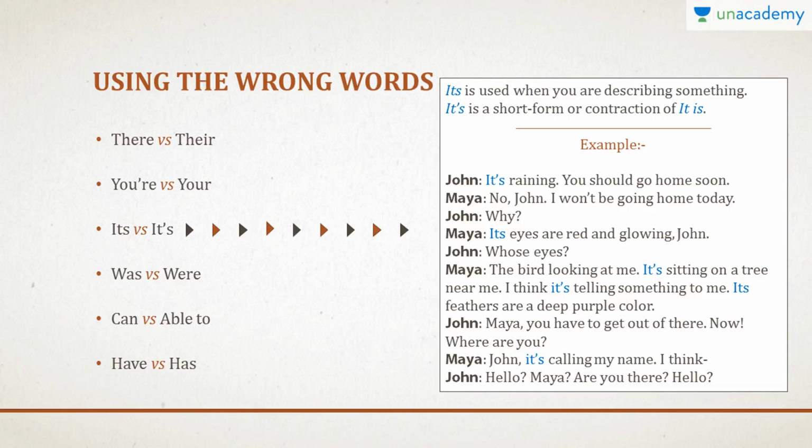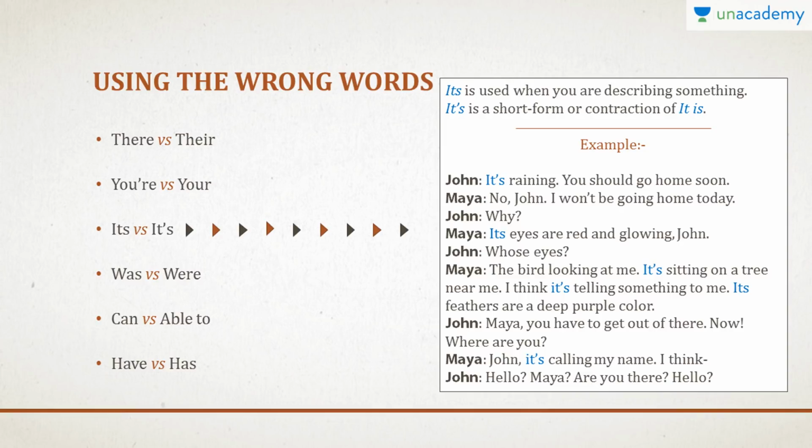Okay, I'm reading it out. Just listen. John says, it's raining. You should go home soon. Maya says, no, John, I won't be going home today. John says, why? Then Maya says, its eyes are red and glowing, John. John says, whose eyes?